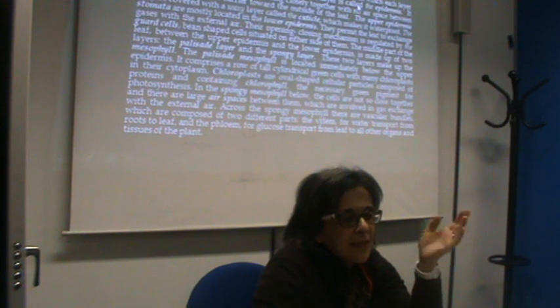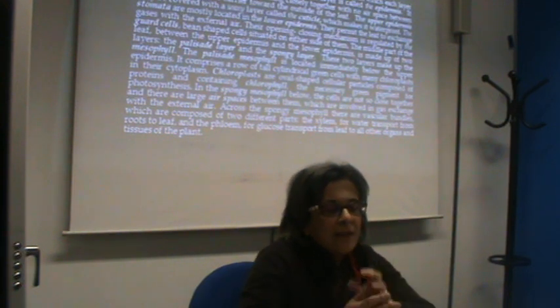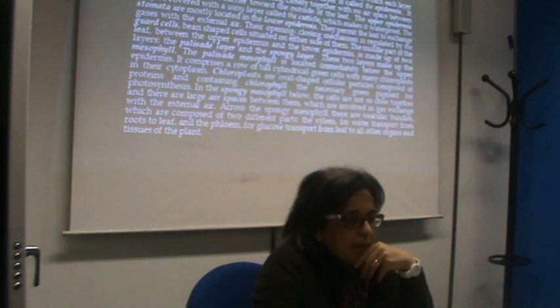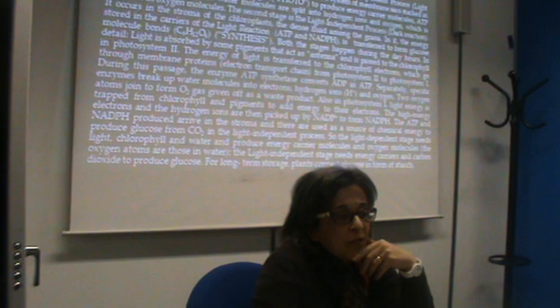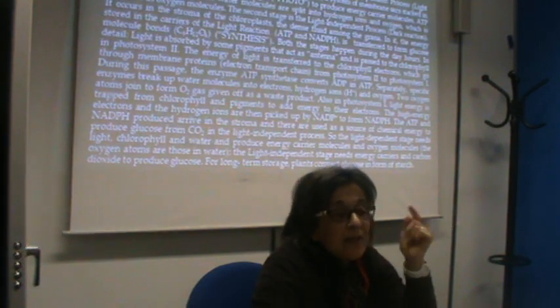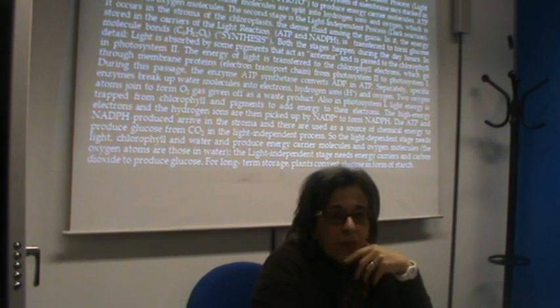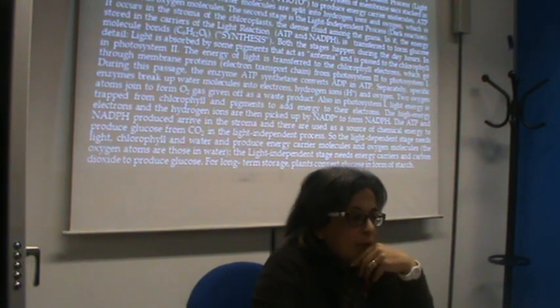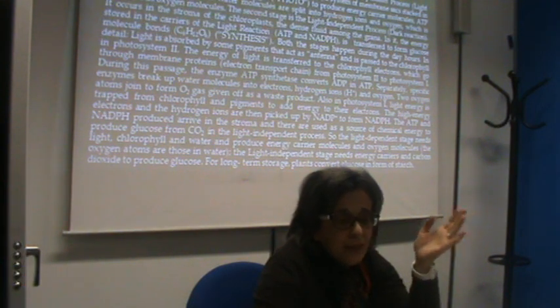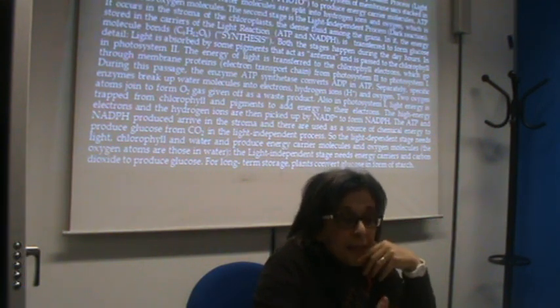the leaf is the seat of photosynthesis. It has a layered structure in which each layer is structured according to its function. Photosynthesis is a 2-stage process. The first is the light-dependent process, light reaction, and the second phase is the light-independent process, dark reaction.